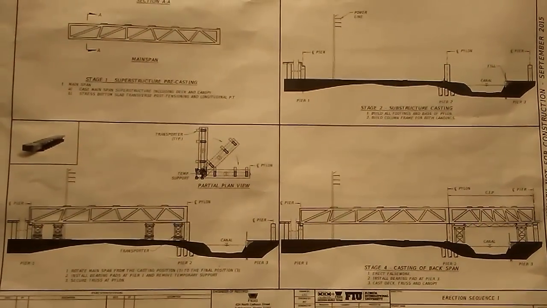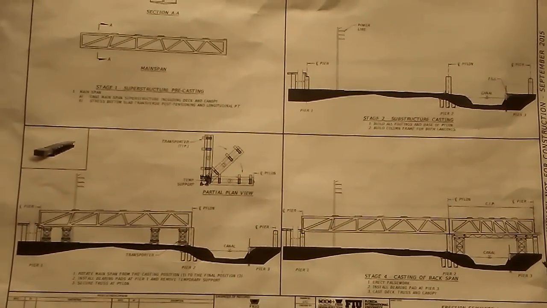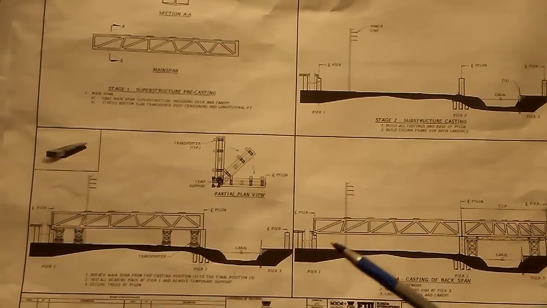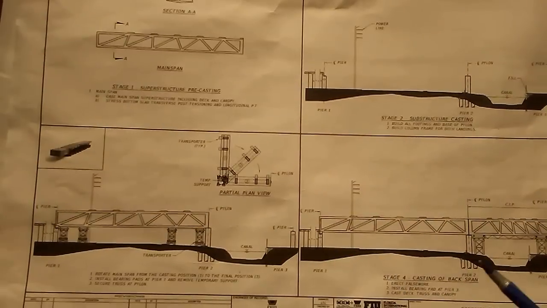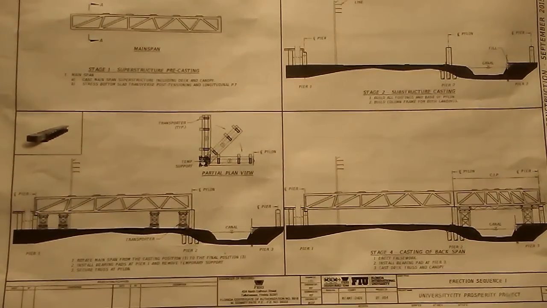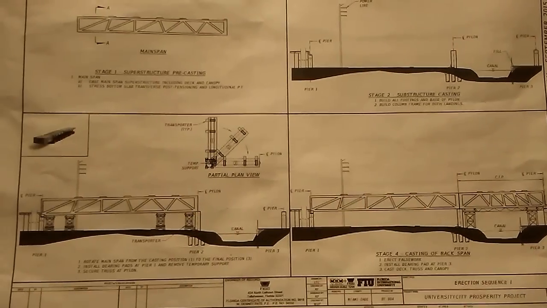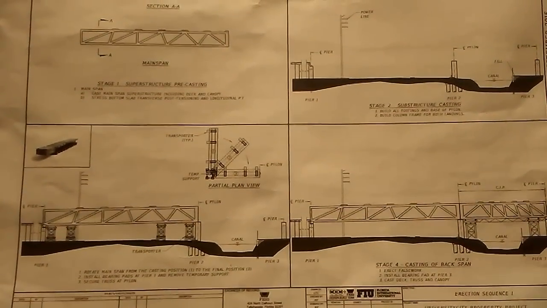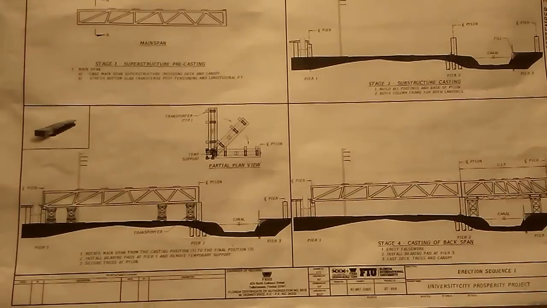When you can build something in a controlled environment where there is no traffic, and the area is restricted to only construction workers, it's just a much safer environment. And so as far as the actual construction of the bridge, ABC is great.